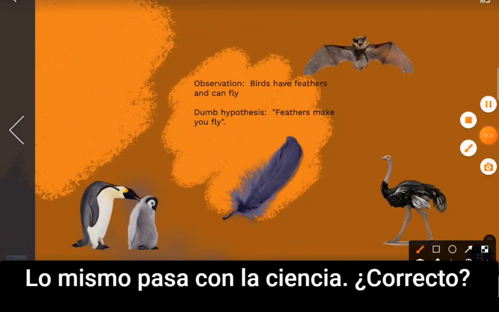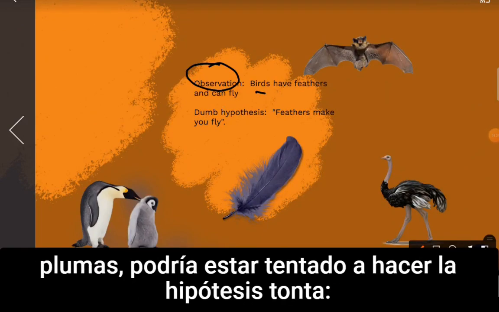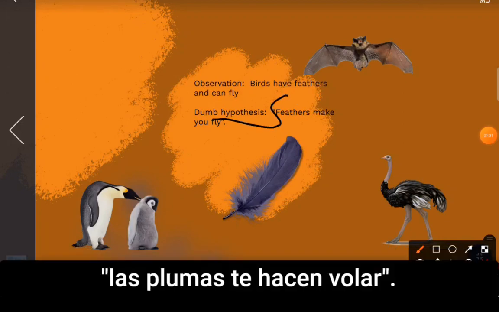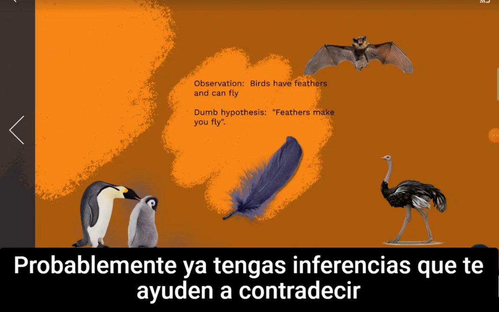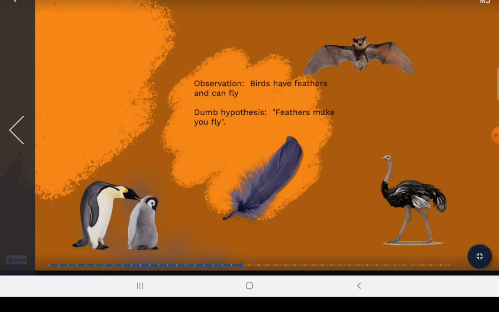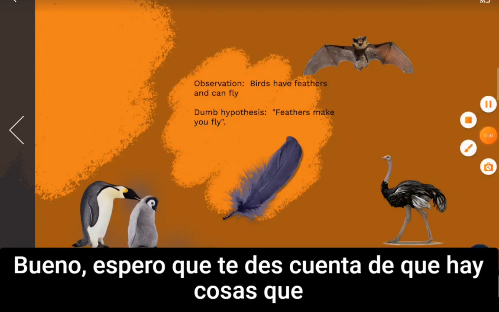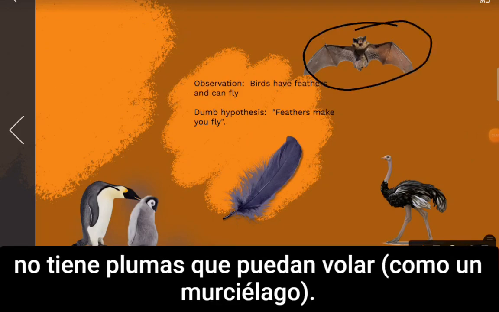Same thing with science, right? If I have an observation that there's a bird and it has feathers, I might be tempted to make the dumb hypothesis, feathers make you fly. You probably already have inferences that help you to contradict that. Think of some contradictory inferences. Okay, so hopefully you realize that there are things that don't have feathers that can fly, like a bat.